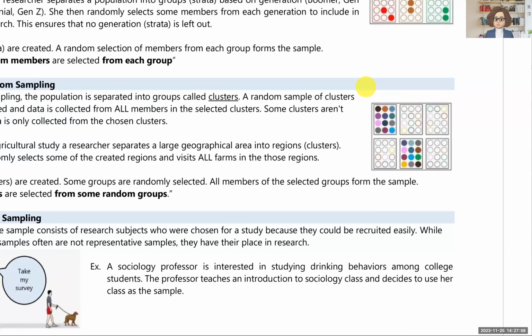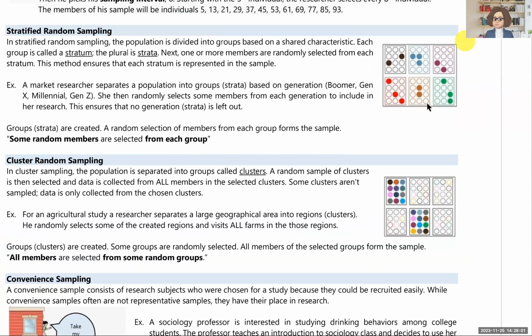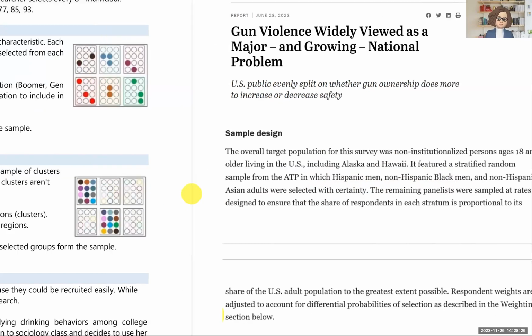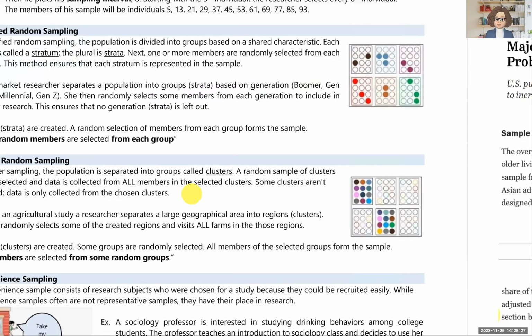They chose to do a stratified random sample where they made sure that of these strata that they created, those strata included a stratum of Hispanic men and one of non-Hispanic men, Black men and non-Hispanic Asian adults, to make sure they pick some people from each of those groups. So that is our stratified.